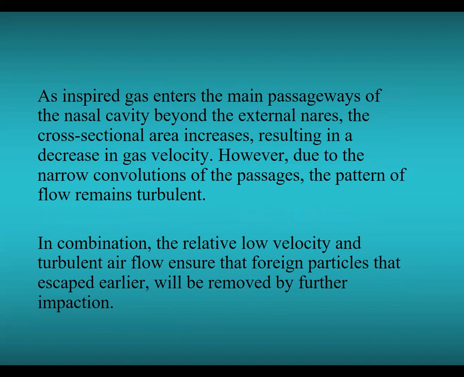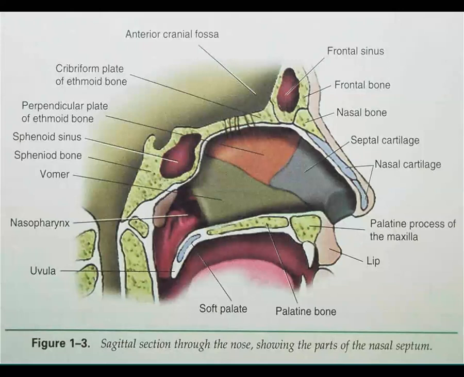In combination, the relatively low velocity and turbulent air flow ensure the foreign particles that escaped earlier will be removed by further impaction. Here in the picture you can see how you would breathe in. Here's the nasal passage, and the air has to go through these different areas to go back down to the lungs so we can breathe.